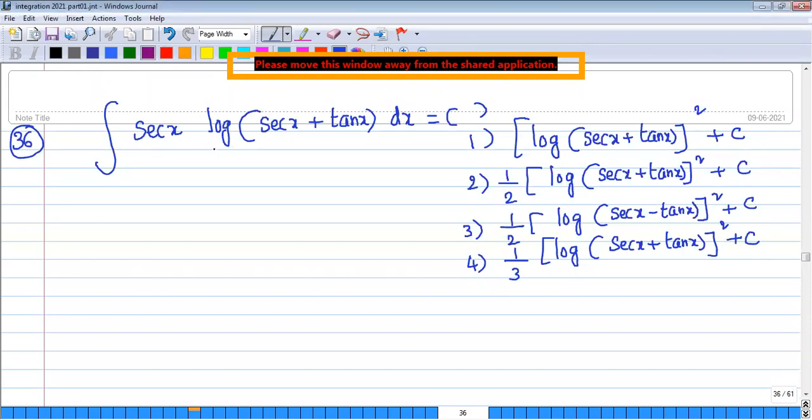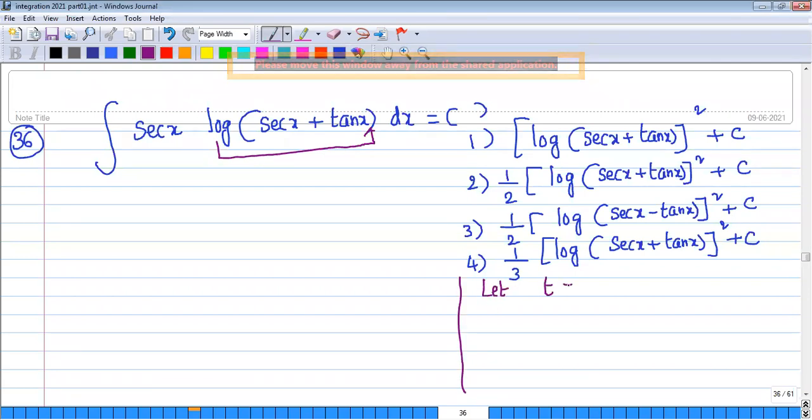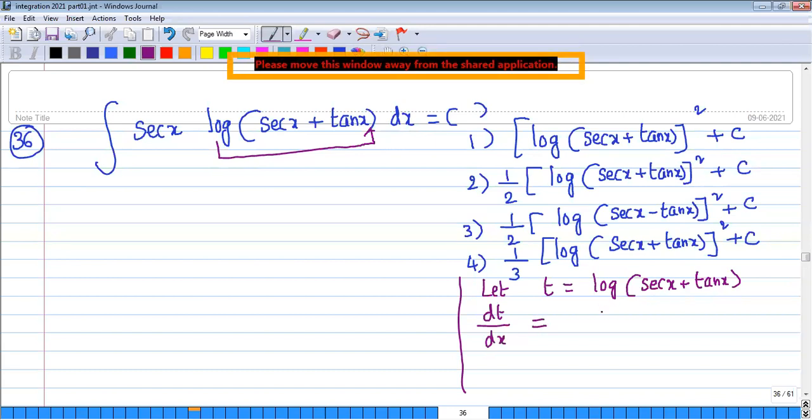So now in this case, say this log of (secant x plus tan x) is t. Let t is equal to log of (secant x plus tan x). dt by dx is equal to, this is log u, 1 by u, that means 1 by (secant x plus tan x), u differentiation, secant x tan x plus tan x derivative is secant square x.